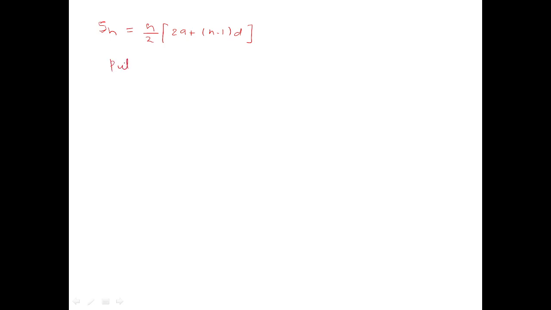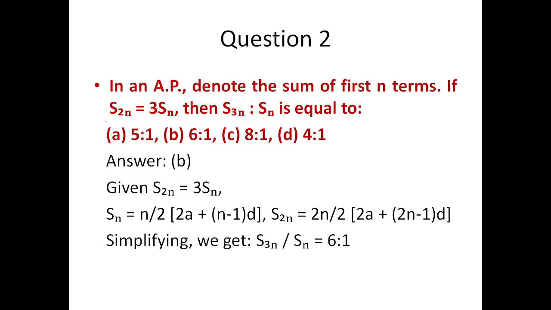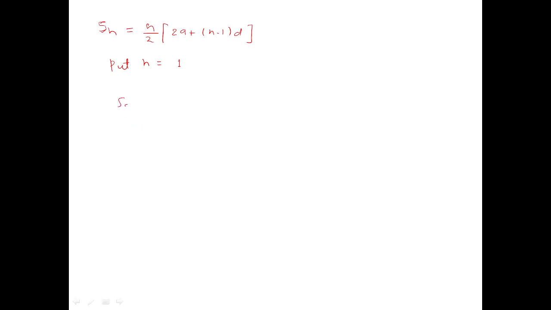Put n equal to 1. So here we have S2 upon S1 is equal to 3:1. What we need to find out is S3 ratio S1.